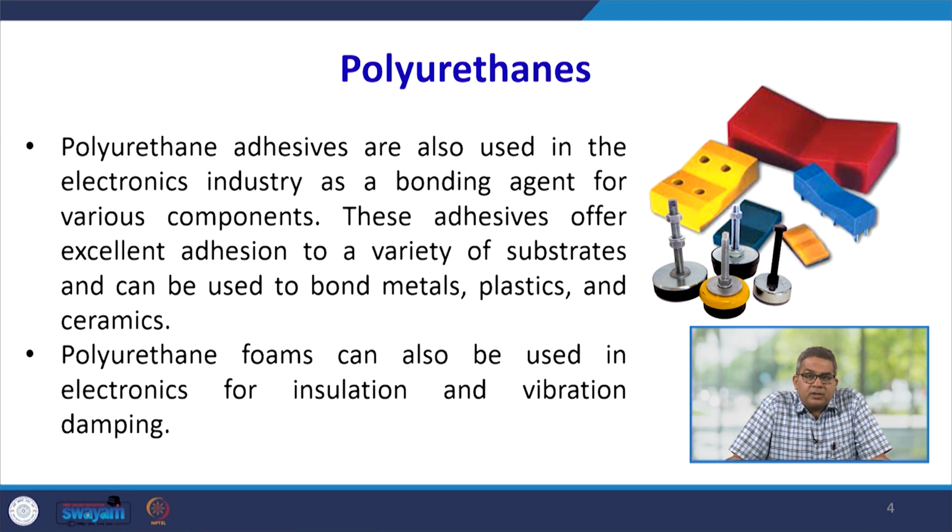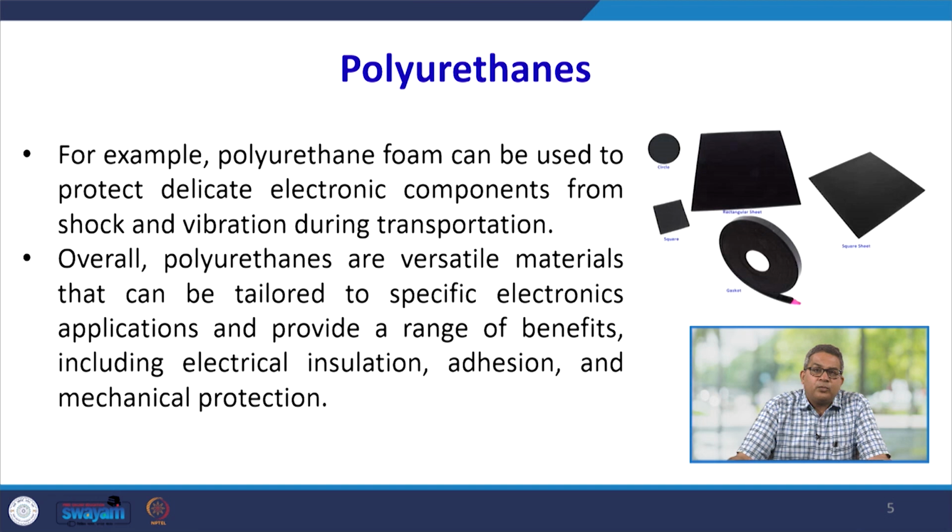Polyurethane foam can also be used in electronics for insulation and vibration damping, because sometimes fans and other things impart vibration and create damping needs. This vibration damping can be achieved with the help of polyurethane foams. Polyurethane foam can also be used to protect delicate electronic components from shock and vibration.